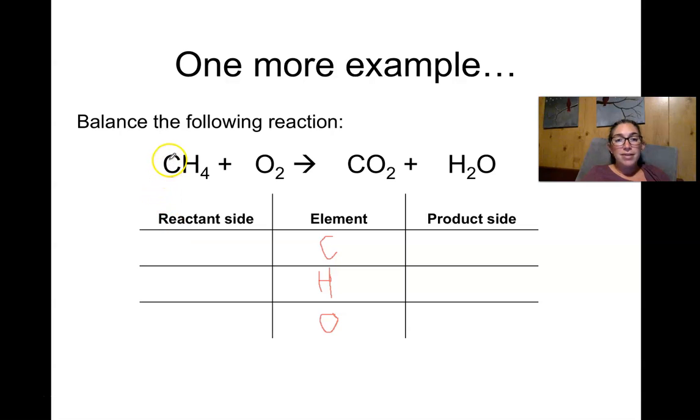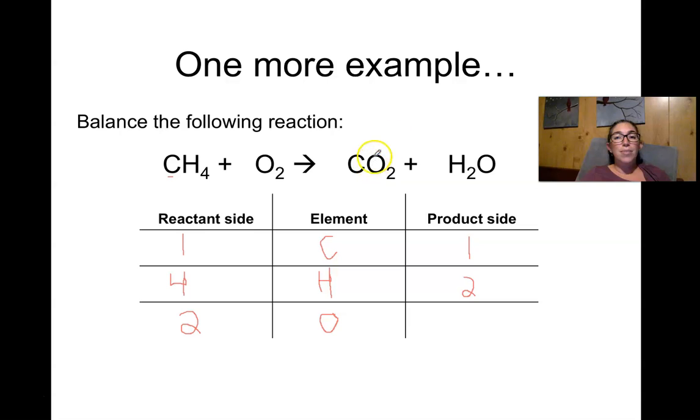On the reactant side, we have 1 carbon, 4 hydrogens, and 2 oxygens. On the product side, I have 1 carbon, 2 hydrogens, and 2 oxygens plus 1 oxygen.